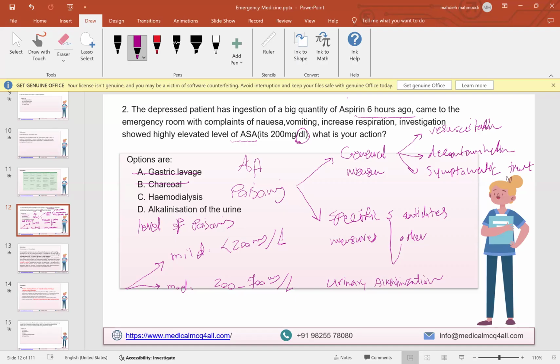How much? You are looking for a pH of 7.5 to 8.5.